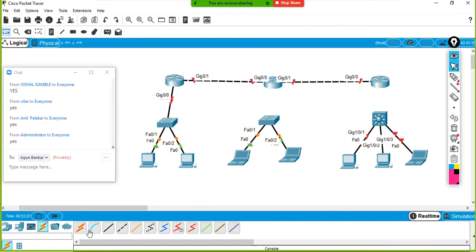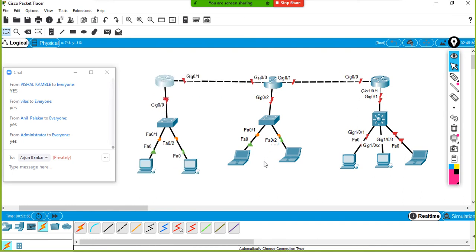Right. And I forgot this. Right. Okay. So now first of all, let's go and configure this.